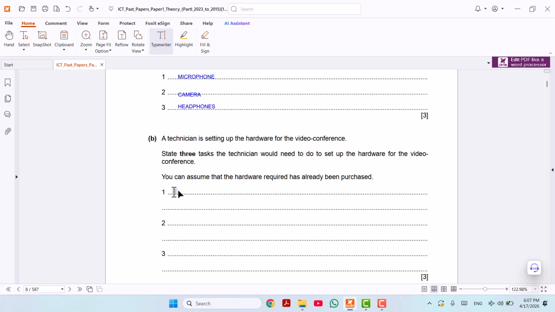So the first thing we said we have microphone, camera, and headphones. So he should ensure the microphone, camera, and headphones are connected.